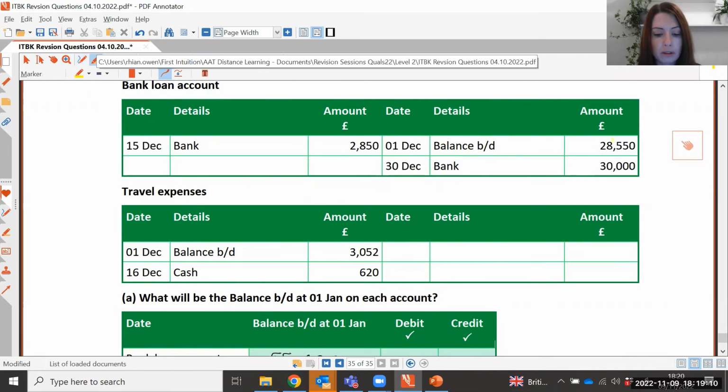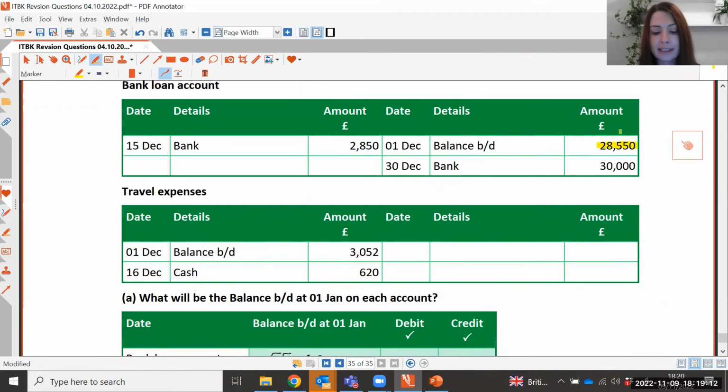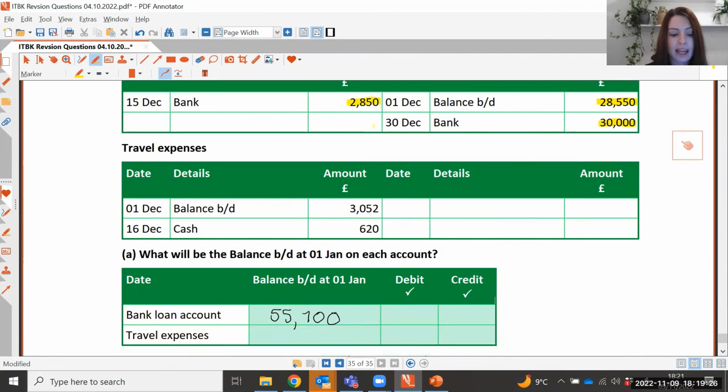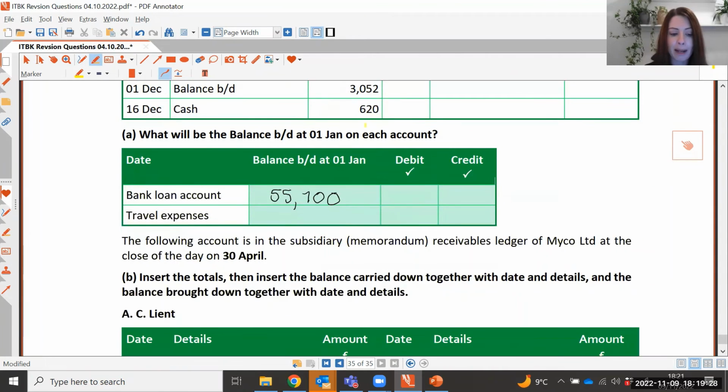So we would total up the credit side of the account, so £28,550 plus our £30,000, and then we would deduct the debit of £2,850, and that gives us our balance brought down of £55,700. So would it be a debit or a credit on the 1st of January?